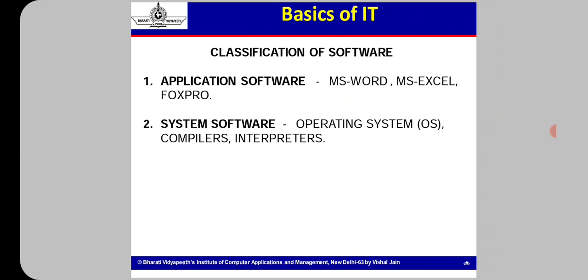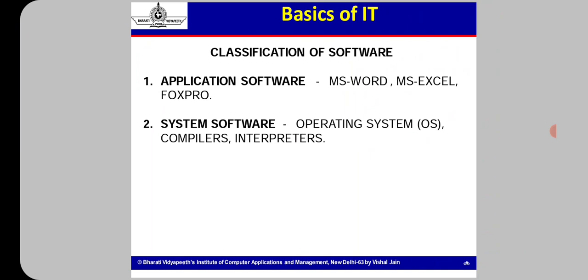Application software is generally developed for some commercial applications or for creating day-to-day life applications. Examples are MS Word, Excel, Fox Pro, like that. MS Word is word processor software.